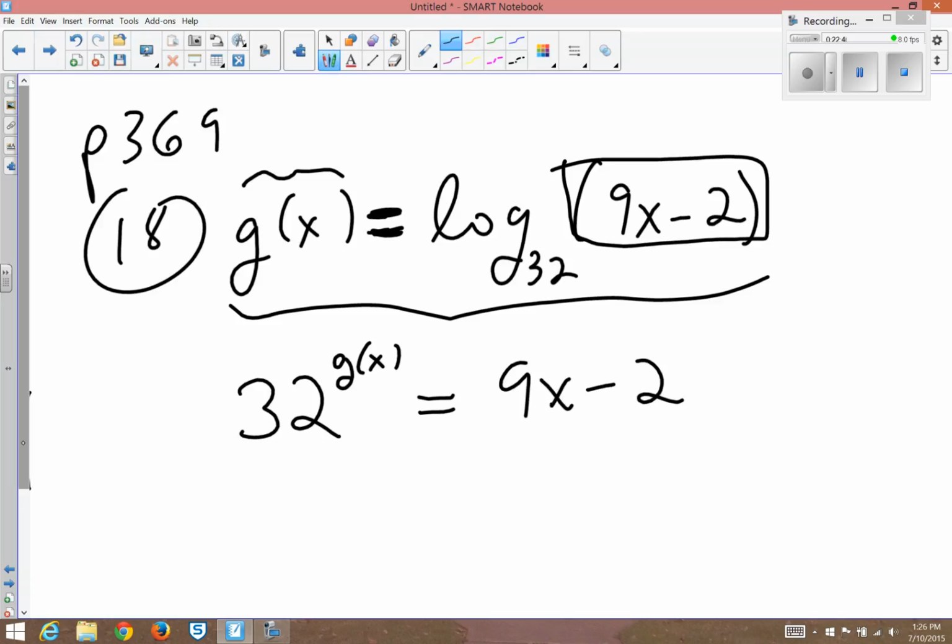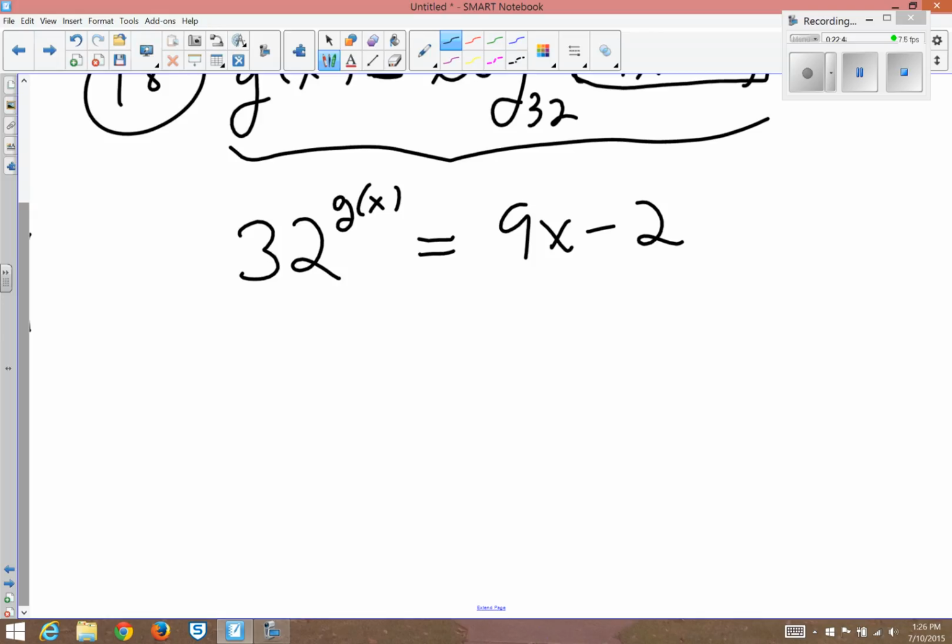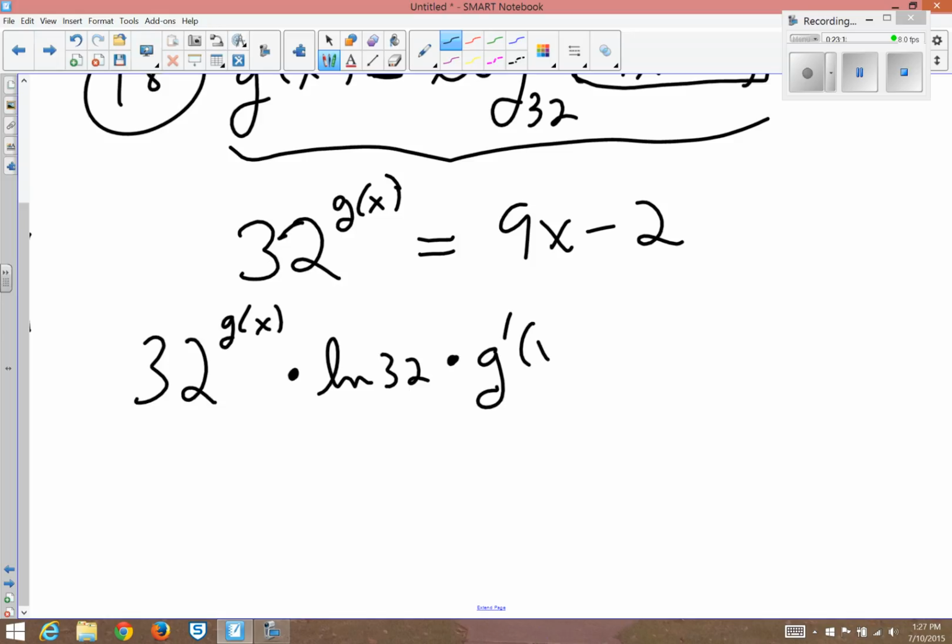So now that I've rewritten this, I'm going to differentiate both sides. The left side is a number raised to something. The derivative of 32 raised to the g of x is the same thing, 32 raised to the g of x, times the natural log of that number 32, times the derivative of this exponent, which would be written like this, g prime of x.